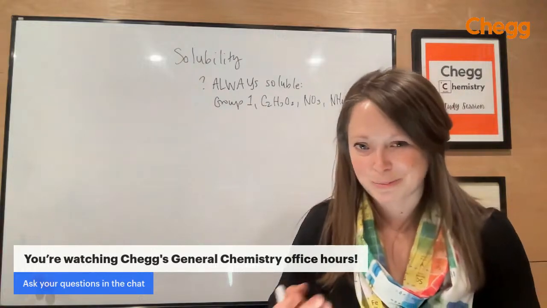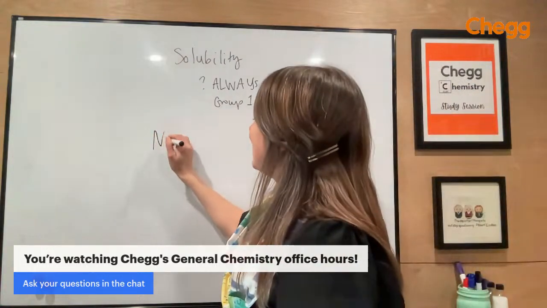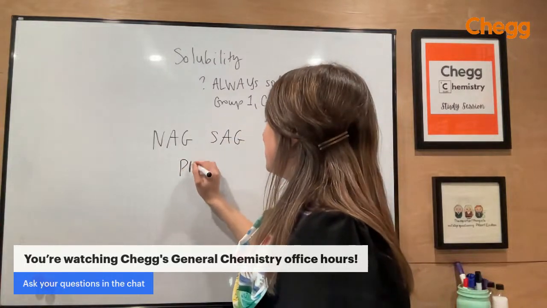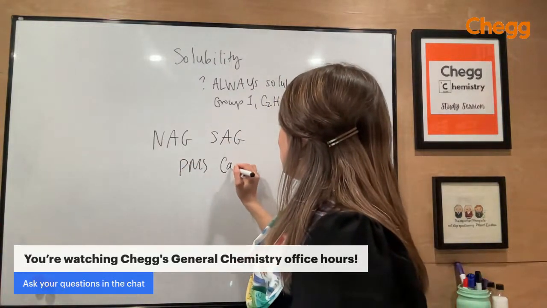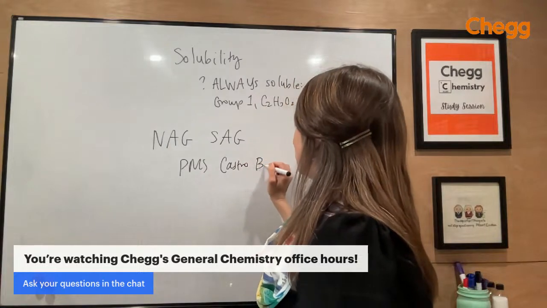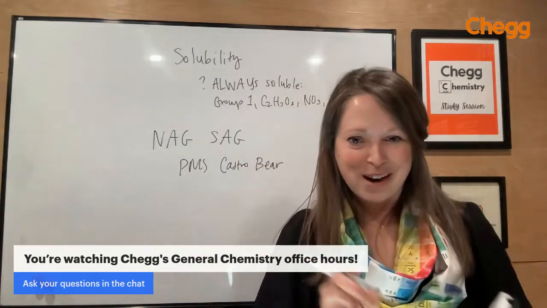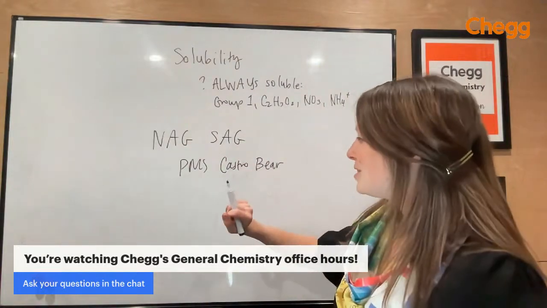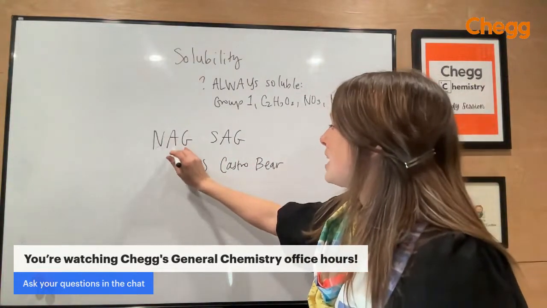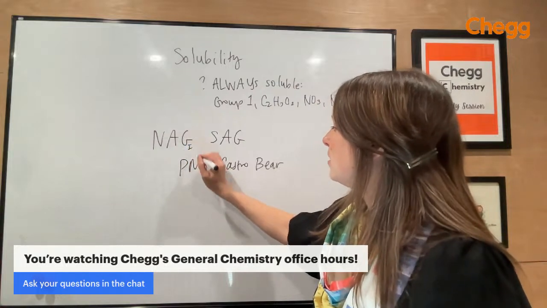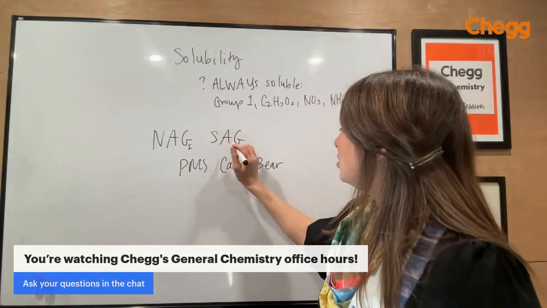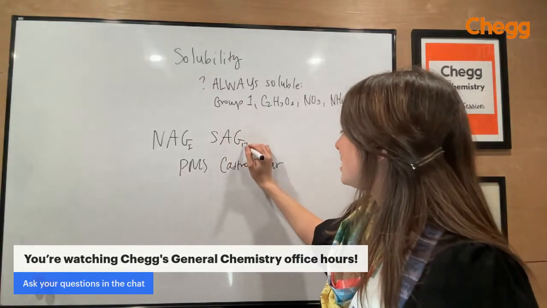There is a more specific mnemonic too, and that is NAG, SAG, PMS, Castro, Bear. And I know Chegg has some great videos about this mnemonic specifically. So this is what is always soluble: nitrates, acetates, group 1, sulfates, ammonium, and group 17.